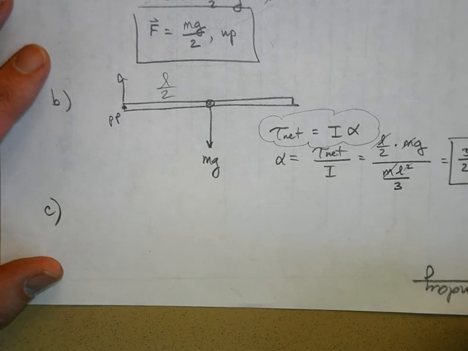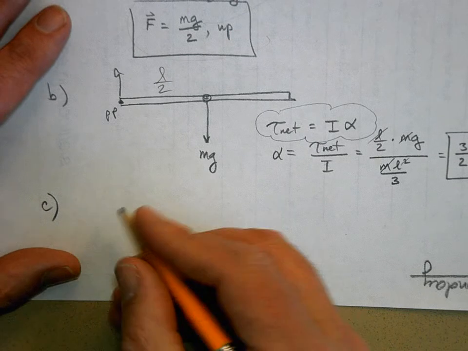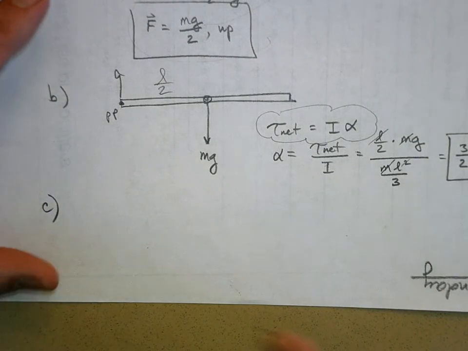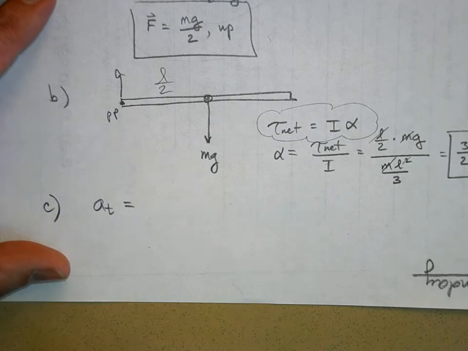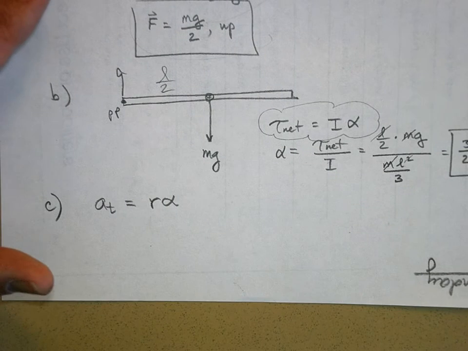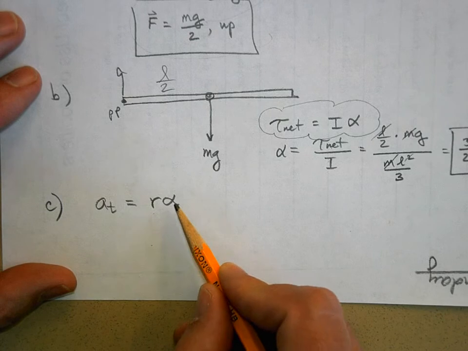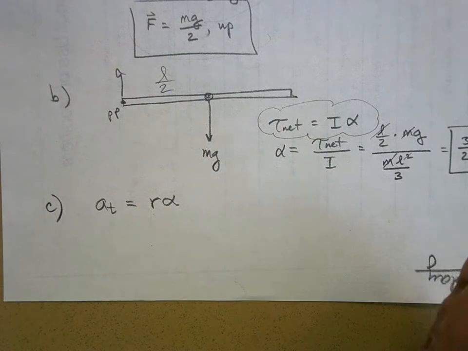It says the translational acceleration of the center of mass of the rod. Well, the translational or the tangential is another word for it. Remember that tangential acceleration is equal to r times alpha. That's the basic equation. The linear acceleration is equal to r times the angular acceleration. Remember those angular to linear equations, right?